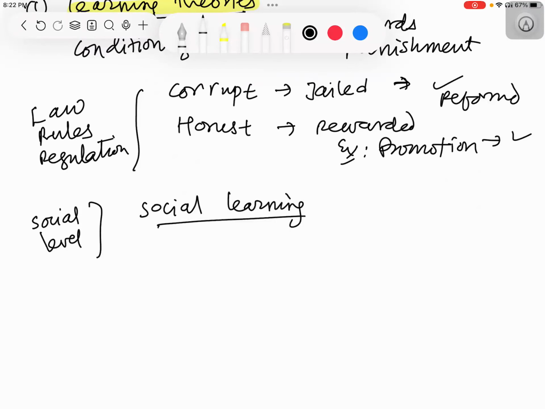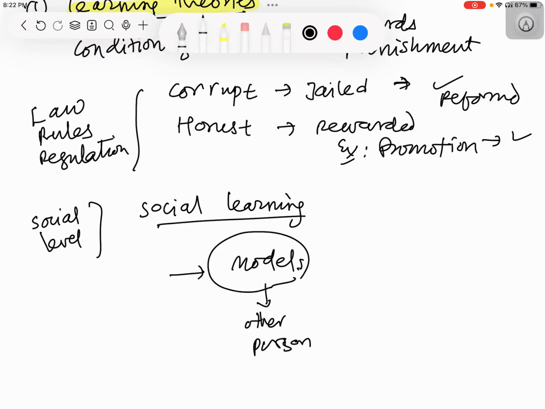And the most important part of social learning is the use of models. Model means other persons whom we see and learn from. So we see this model either being successful or being a good person. Right? Then we consider that person as our model.